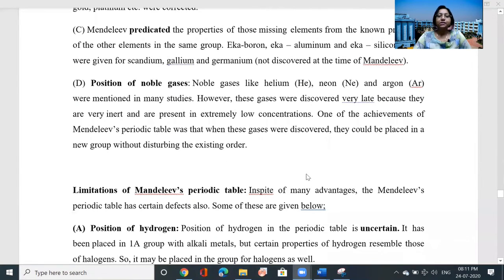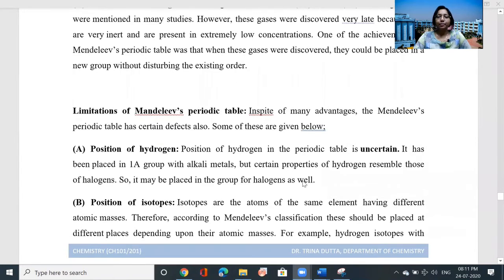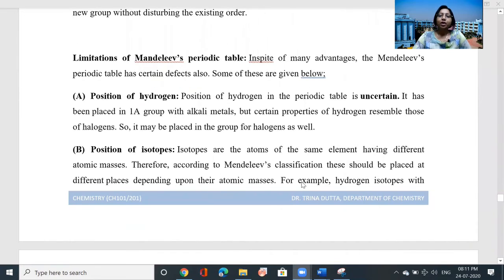The limitations of Mendeleev's periodic table. So in spite of many advantages, nothing is flawless, there are also some drawbacks. The Mendeleev periodic table has certain defects also. So some of these are given below. Number one, position of hydrogen.